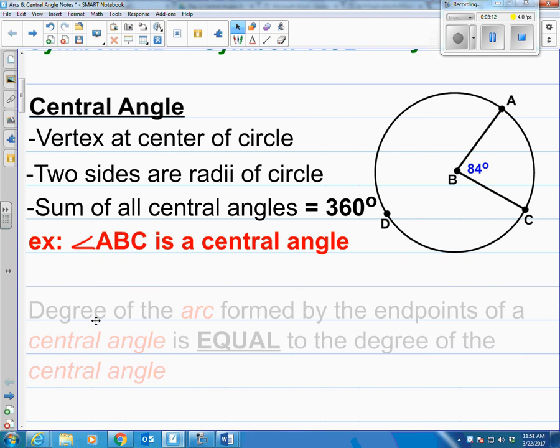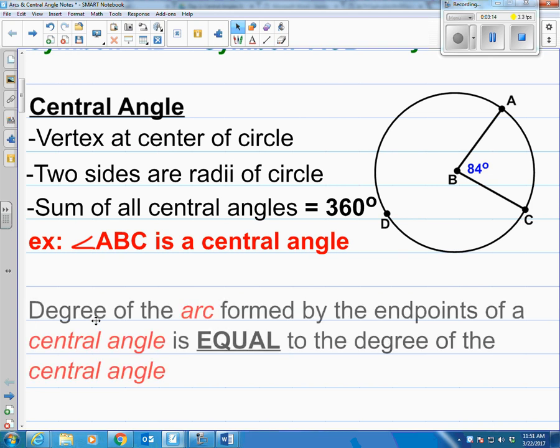To find the degrees of arcs formed by central angles, the degree of the arc formed by the endpoints of a central angle, in this case, if I use this picture here, it would be arc AC, is equal to the degree of the central angle. So the central angle, which is angle ABC, is 84 degrees.